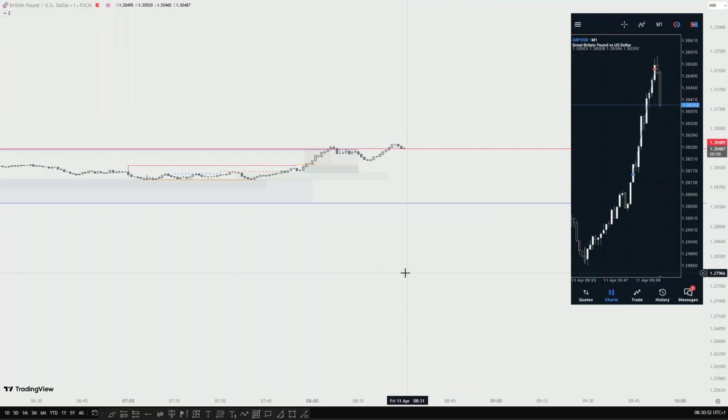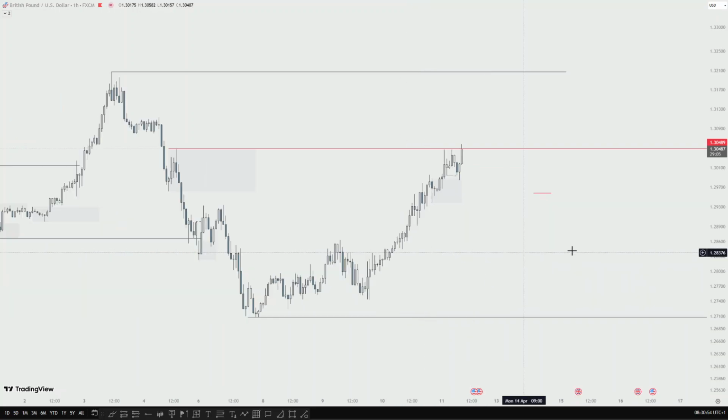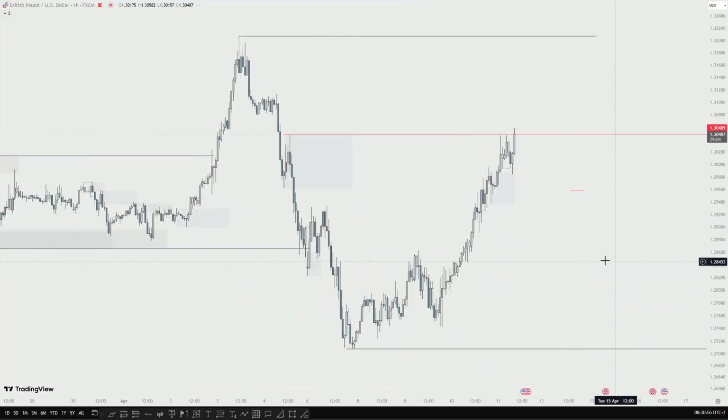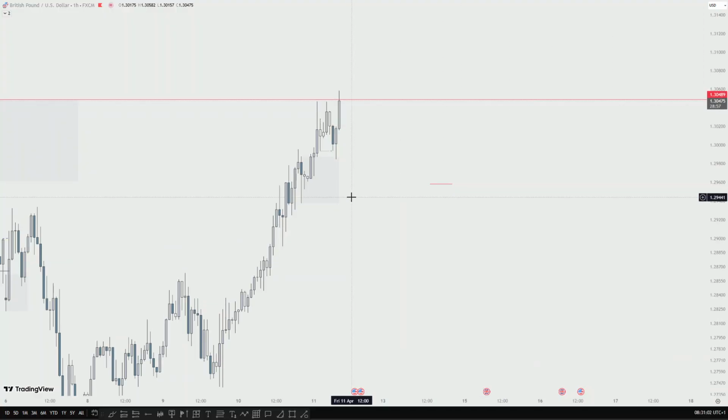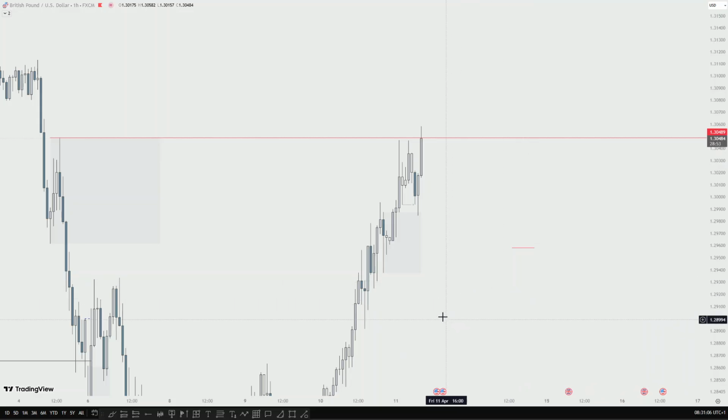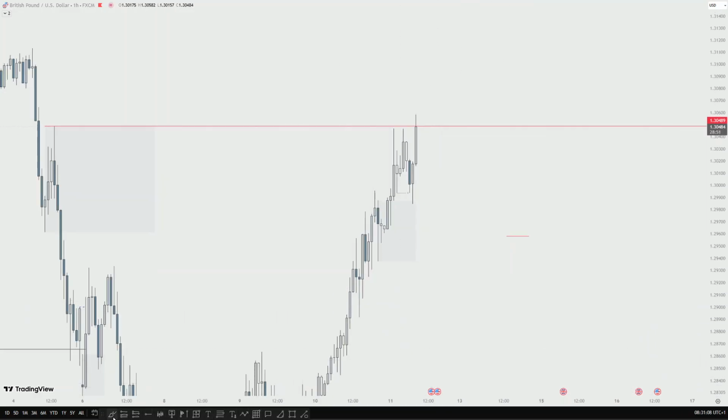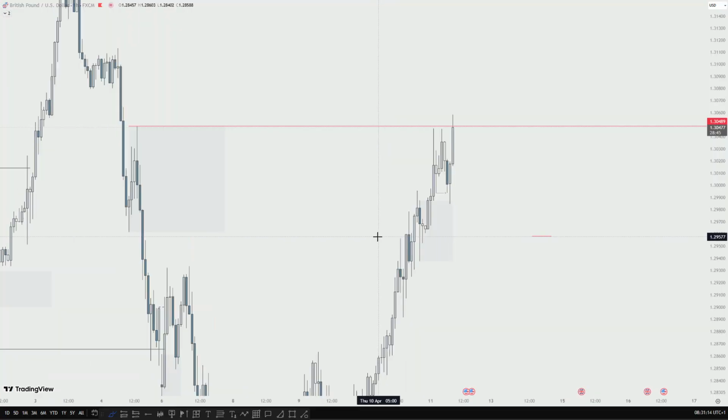Sorry, let me go to the 1H. On the 1H we have a super clean, though not high probability, I would say, because it has already been mitigated this week, if you use weekly mitigation.